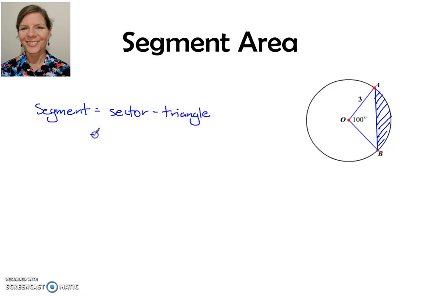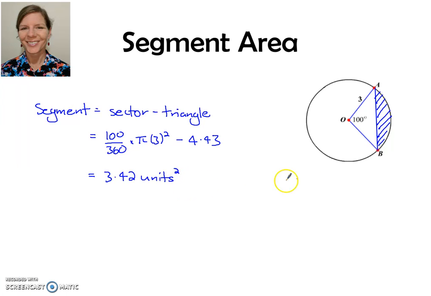So the minor sector there will be 100 on 360 times pi times 3 squared. And then we're just subtracting what we had before, which is 4.43 from the previous slide. Calculating that gives me 3.42 units squared.